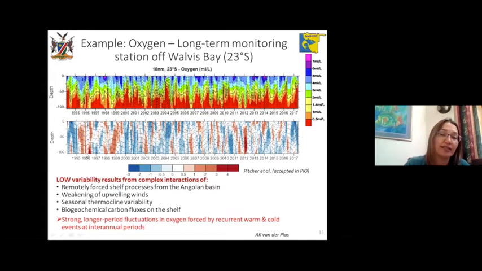For instance, here in 96, you see the red, you had a strong ventilation event, whereas here in 2000, 2001 is where you had prolonged low oxygen water, prolonged hypoxia over the shelf. And by showing it as anomalies, you see this showing up a lot more clearly. And we see that there are definitely a lot of interannual periods of longer term variability in the oxygen over our shelf. And these seem to be forced by recurrent warm and cold water events.